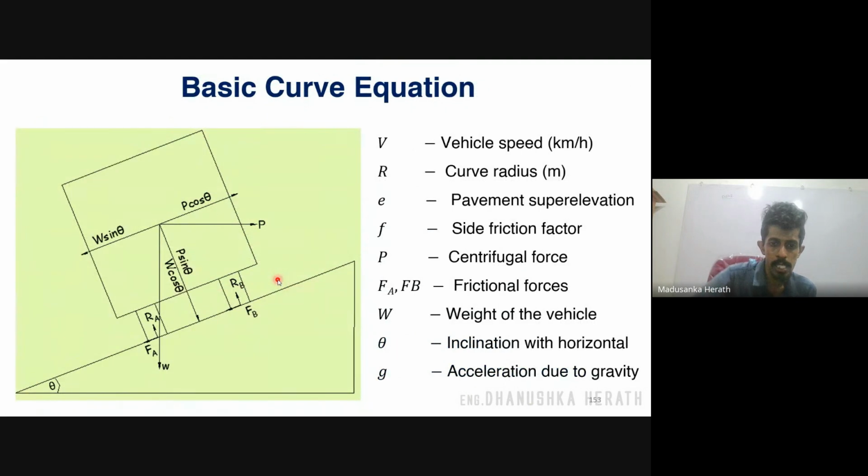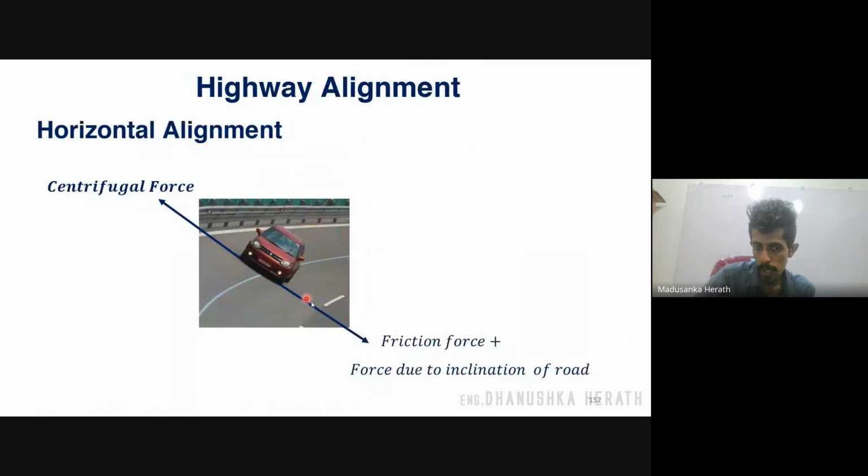You have seen that in a horizontal curve, the road is not flat, it is inclined. Mostly in racing tracks you can see this very clearly, but normal roads also have this inclination. We call this inclination the super elevation. We'll discuss that later.